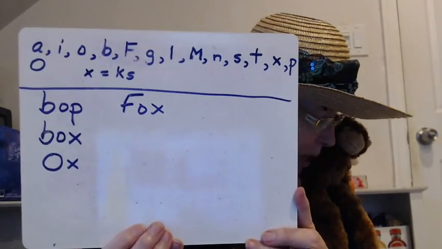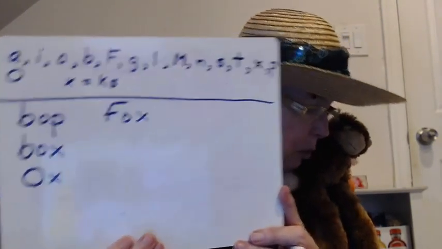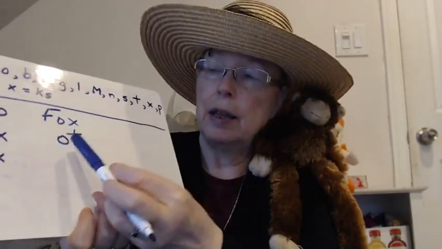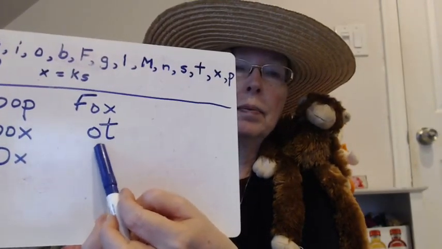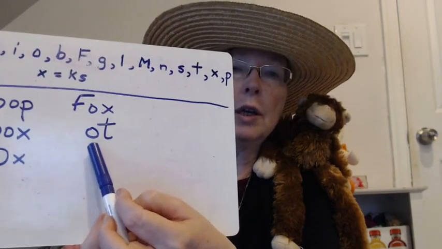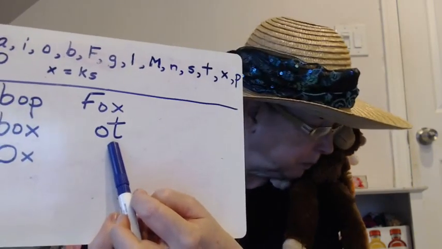Okay. So now we're still going to use the O. So we're going to put that O here, the vowel O. We're going to add a T after it, and this word chunk is pronounced ought.